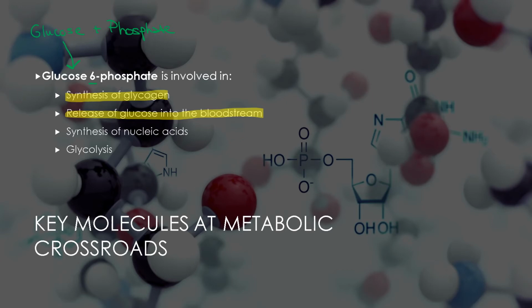And so this enzyme, which is called glucose 6-phosphatase, will actually convert glucose 6-phosphate back into glucose to be released back into the bloodstream to increase our blood glucose level. Anything essentially that ends in -ase is going to be an enzyme.